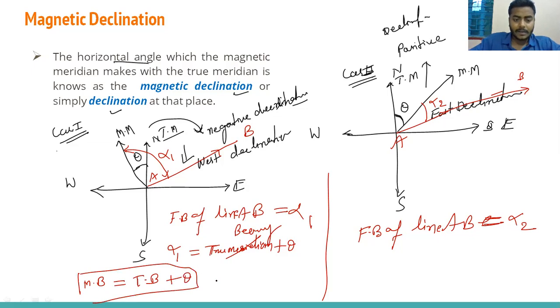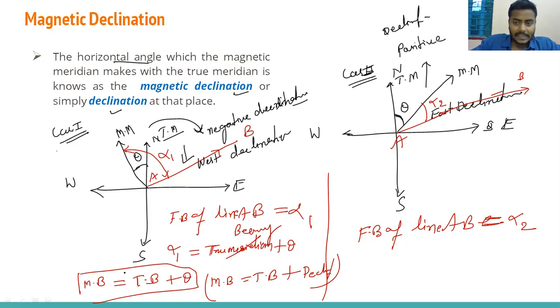What is theta here? You can also write magnetic bearing is equal to true bearing plus declination. In case 1, when declination is towards west, we add the declination to the true bearing to get the magnetic bearing, right?